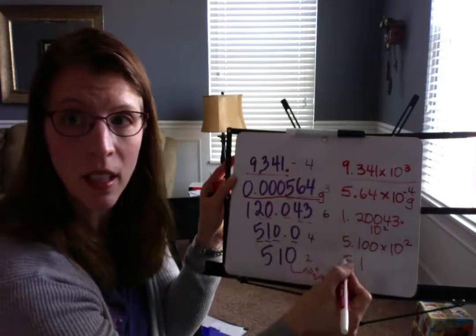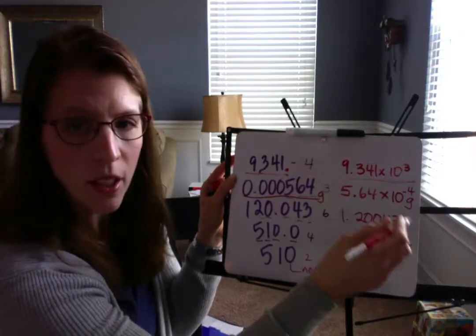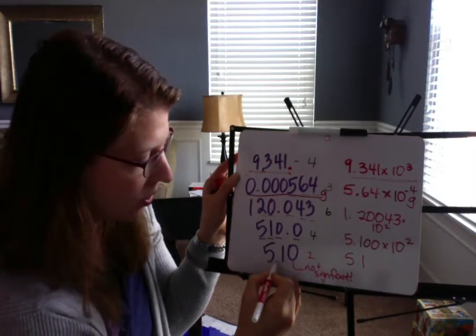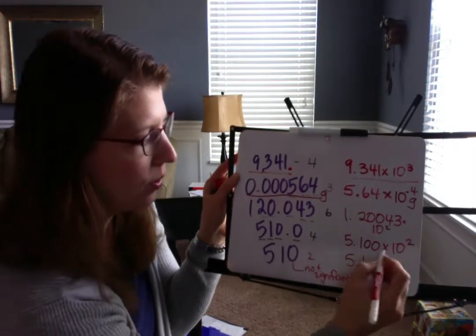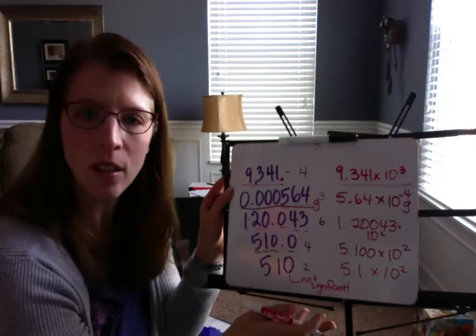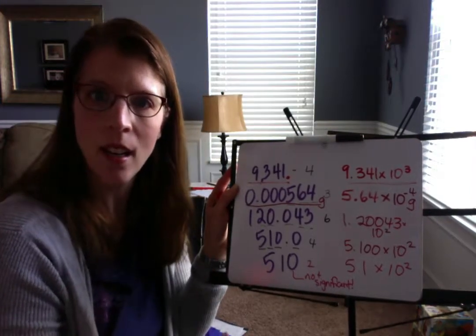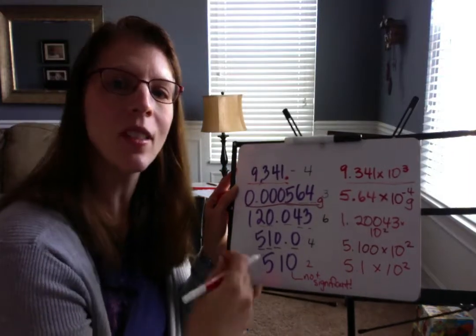Only significant figures get written here in the scientific notation. So then this is where the decimal is in my scientific notation. I'm going to have to move it 2 times over to have the same value. Does that make sense? So we're not changing the value of the number. We're changing the way it's written.